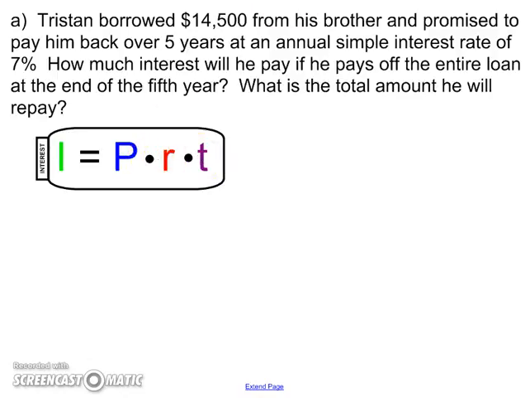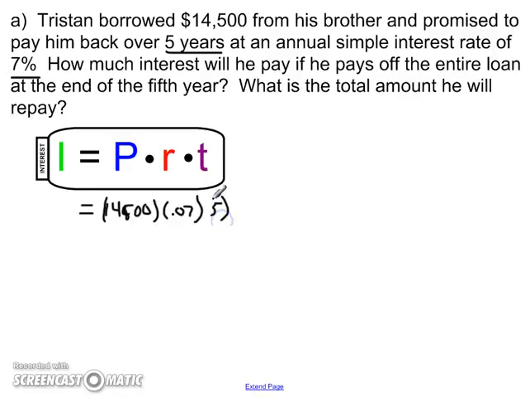So I'm going to insert the information into the formula. Tristan borrowed $14,500, that is my principal, times the rate, which is 7%, so 0.07, and the time in years, which is 5.